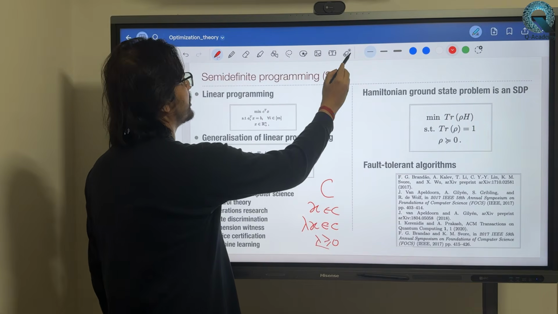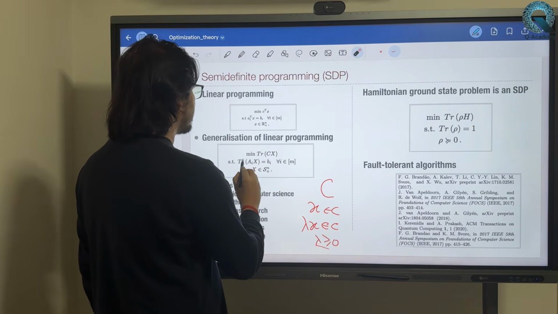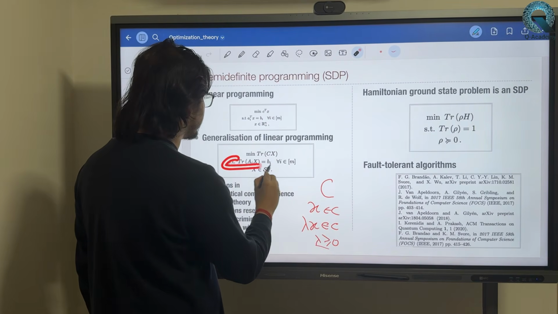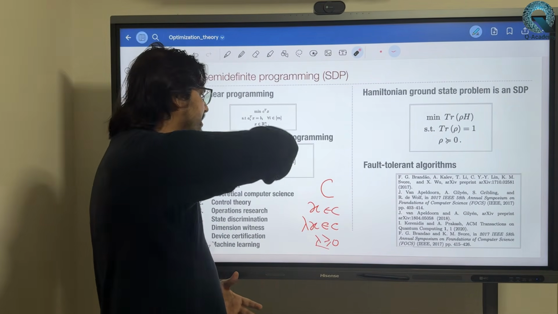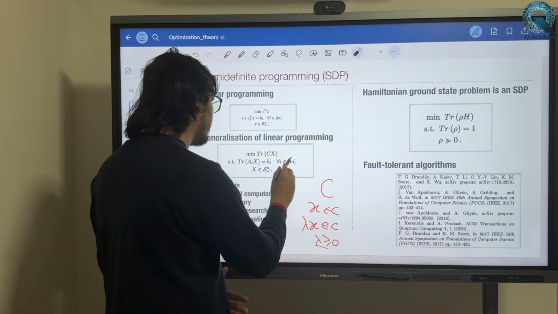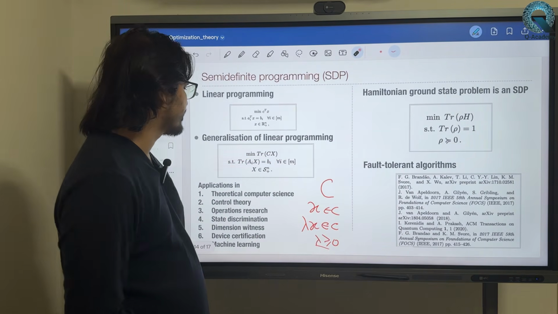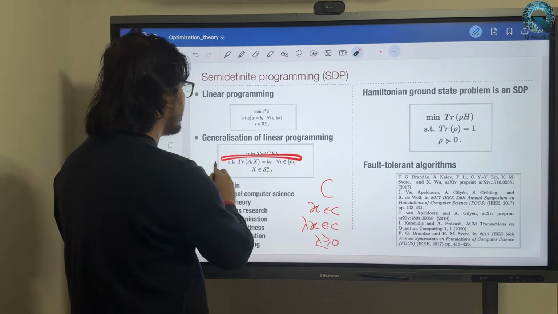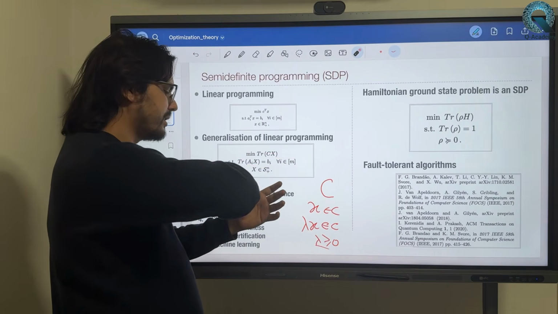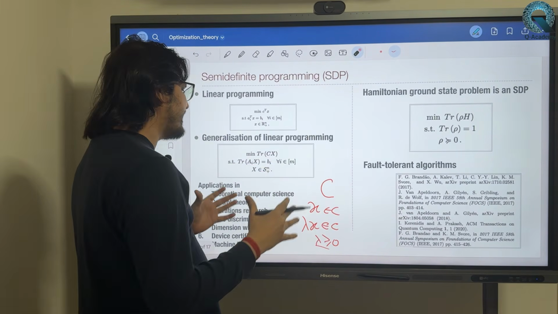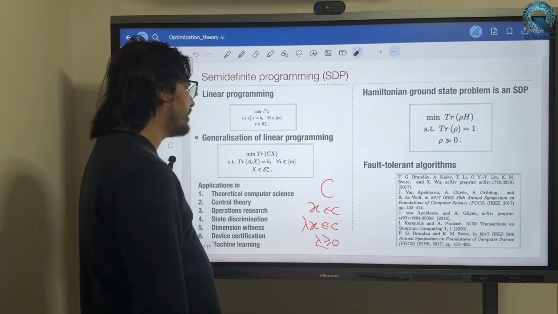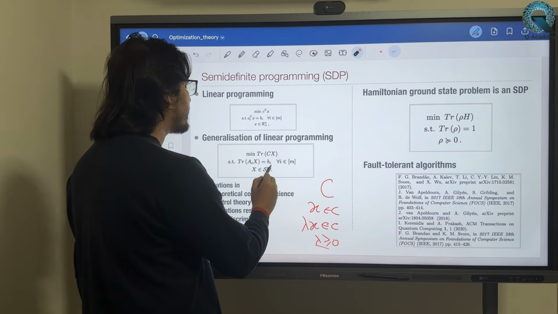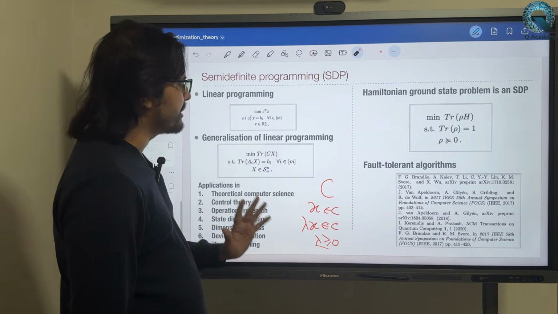And then what we have here is an affine slice. We have this cone, and it is being cut by these affine constraints. So an SDP can be thought of as an optimization of a linear function over an affine slice of the positive semi-definite cone.